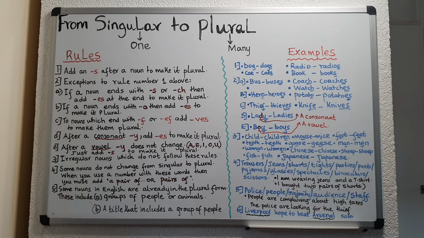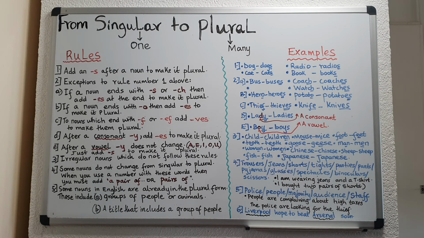Chinese becomes Chinese. That does not change at all. I have seen one Chinese person. I have seen two Chinese people. I have seen 10 Chinese people. That does not change whether it's singular or plural.